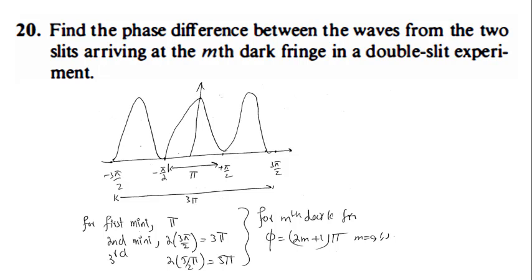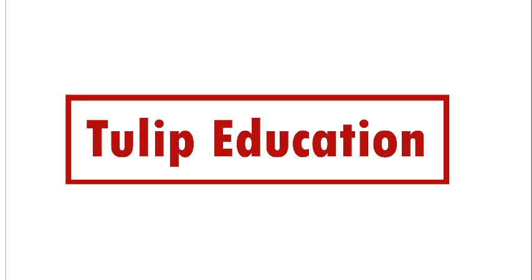For the mth dark fringe we will have (2m plus 1) pi, where m starts from 0, 1, 2, 3. This was a very simple problem. I think these problems are enough for these two topics. Next I will be solving problems on thin films. So thanks for watching.